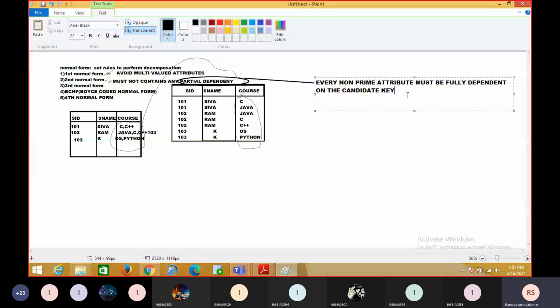Then it is in second normal form. Every non-prime attribute should be dependent on the candidate key. You should not depend partially. You should be dependent fully.